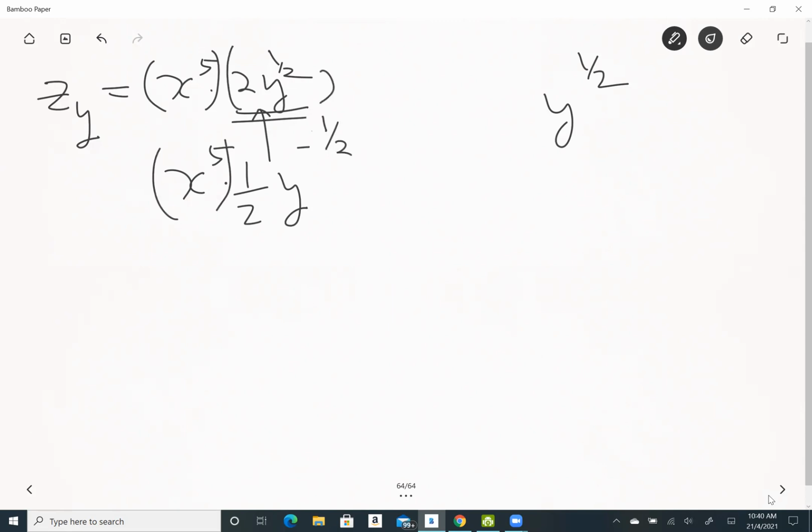So review that. That's the application of the rule: you differentiate with respect to x, y is constant; differentiate with respect to y, x is constant. Treat that variable which is a constant as a number, so it follows the derivative.